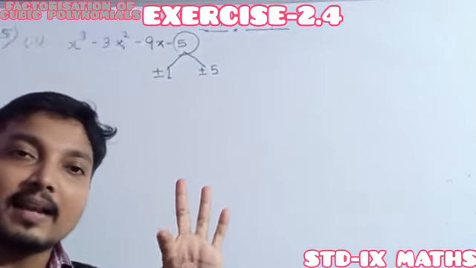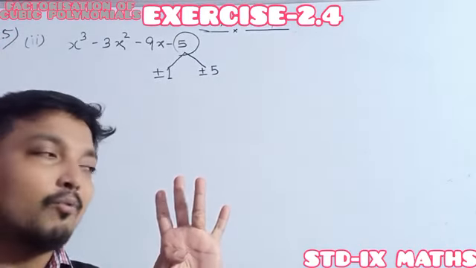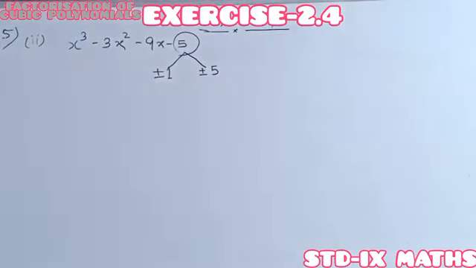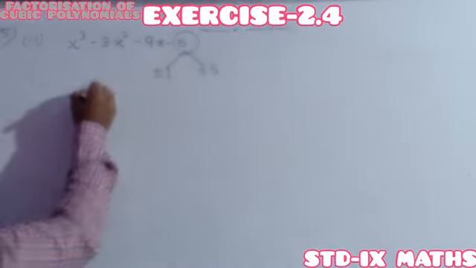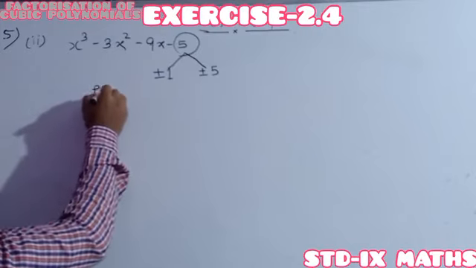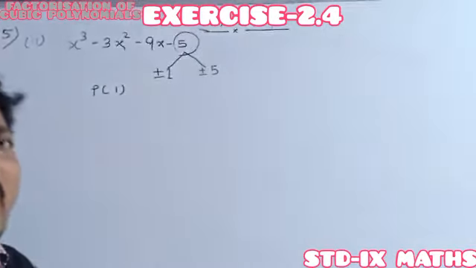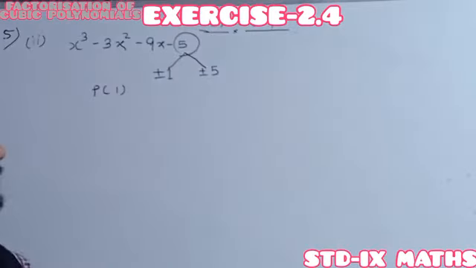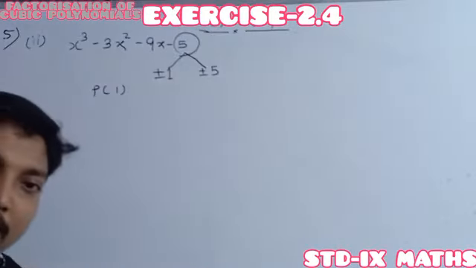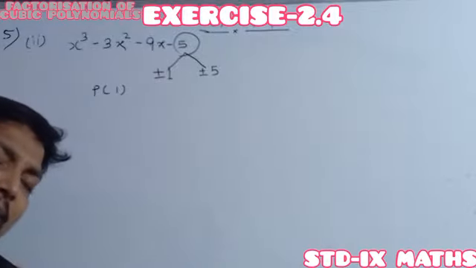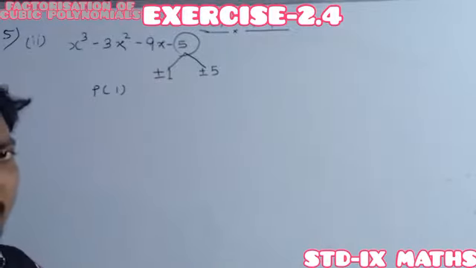One is plus 1, another is minus 1, one is plus 5, another is minus 5. Okay, so you just have to start checking. Start checking the polynomial value at 1, how much it is. If it is 0, no need to check for the others. If p of 1 is not 0, then check for minus 1. If minus 1 fails, check for plus 5. Then after that you can check for minus 5.